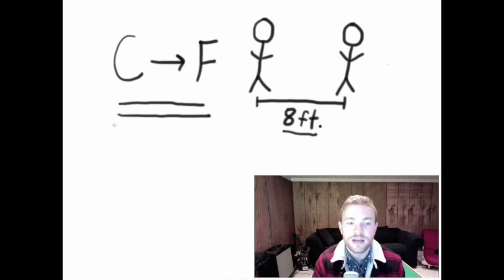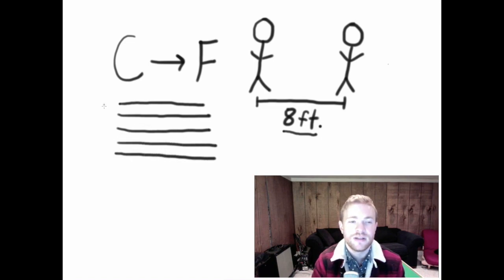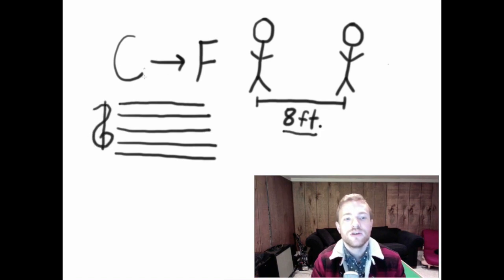point about intervals that we should really be aware of right from the very start. I'm going to draw a little staff over here. That's my best attempt at a staff and a treble clef, okay? So let's say this C is this note right here, and the F is this note right up here, right?